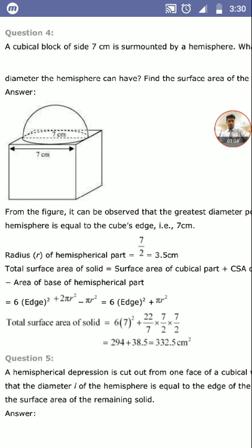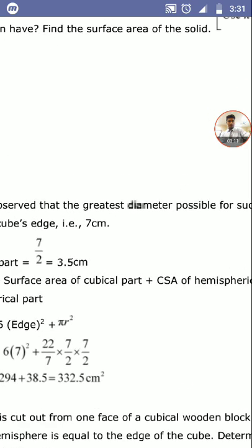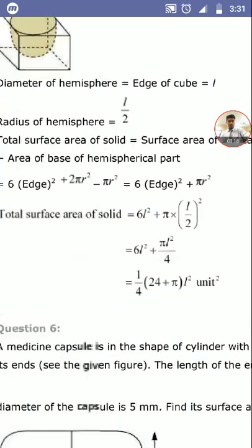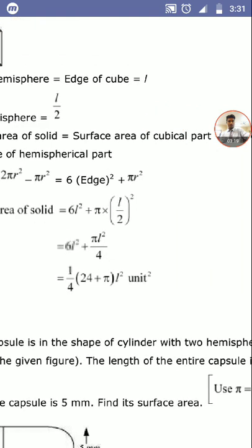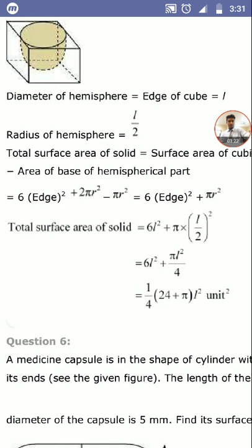Now question number 5, it tells that a hemispherical depression is to be cut out from a cubical wooden box. So imagine a cubical wooden box and take a scoop out of it. So the scoop taken out is in the portion given. Let the edge be L, so the diameter of the scoop will be L by 2, and the total surface area will be the same as the previous numerical.